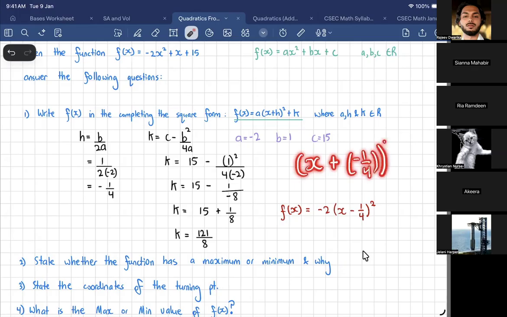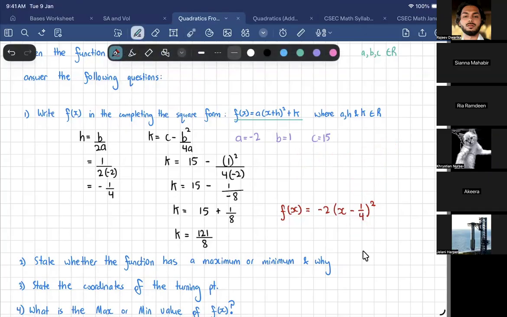This is what the full thing would look like. Over here, you have a positive by a negative. Where's that positive by a negative, guys? Negative. Right. So I could just write negative 1/4 instead of plus negative 1/4. So I put x minus 1/4 squared. Let me know if you're confused. That's all good. Okay.